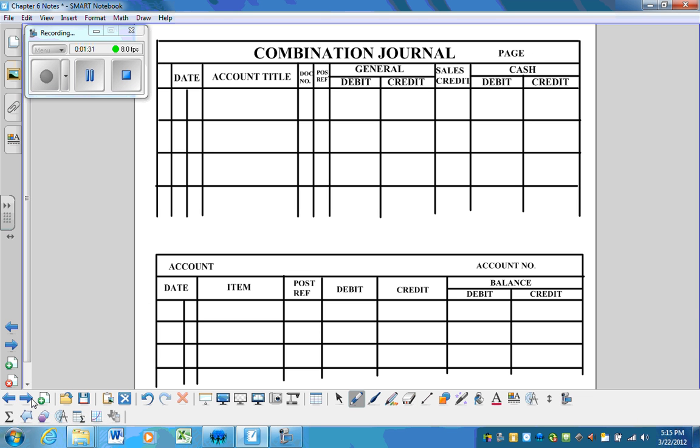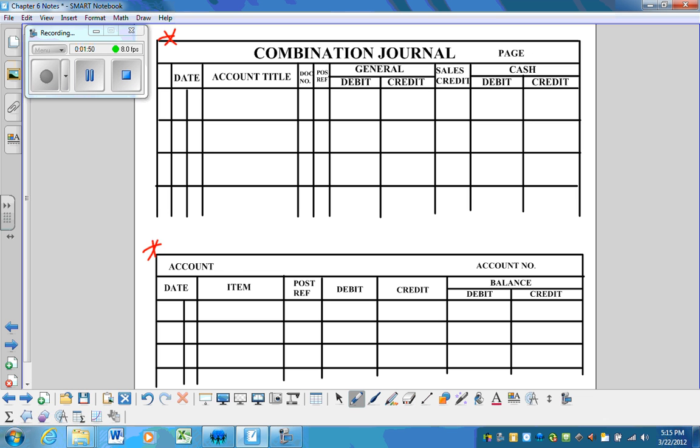The top picture here is an example of what a combination journal looks like. You've already dealt with that. The second diagram down here is called the general ledger. You think of a general ledger as a recipe card, and every account has its own recipe card.